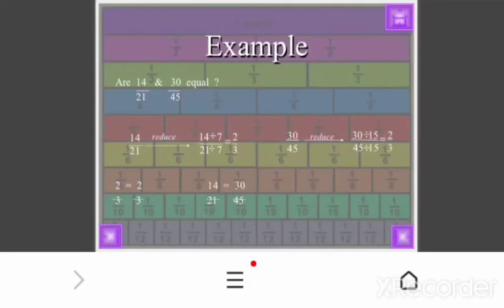Yes, if you convert 14 upon 21 into lowest term, it will give you 2 upon 3, and similarly if you convert 30 upon 45 into lowest term, it will give you 2 upon 3. So both the fractions give the same value, that is 2 upon 3. So we can say they are equal in values. So they are equivalent fractions.